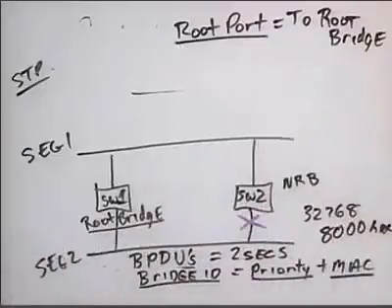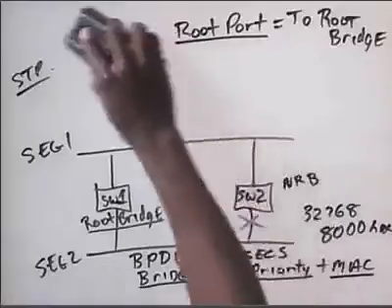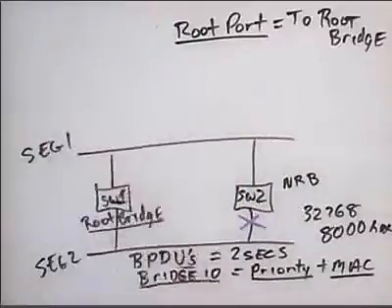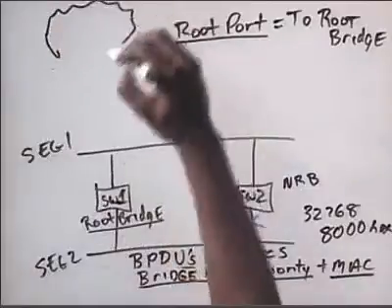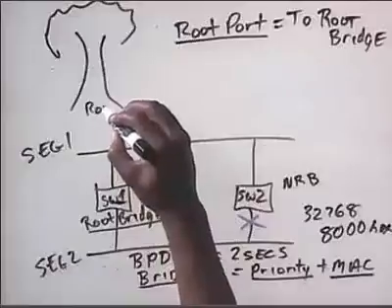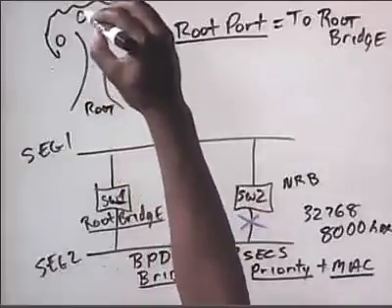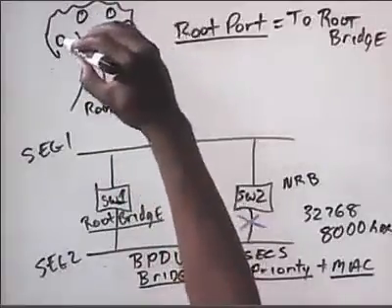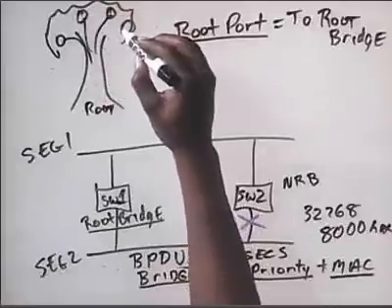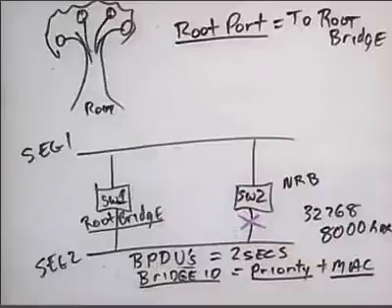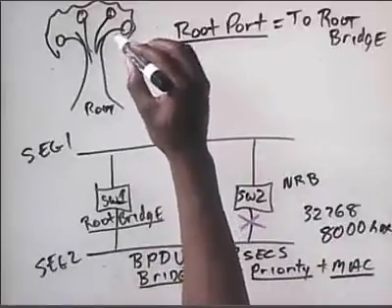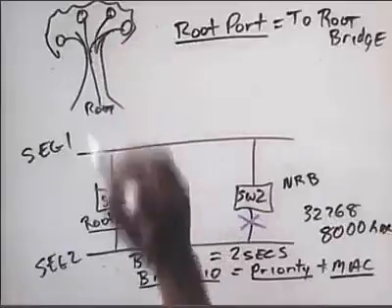Keep in mind the terminology that we're following here. We're using the term spanning tree. So basically what we've got is a tree. There's a root, and then there's fruit. Okay? Any fruit on a tree is connected to a branch, and that fruit and that branch only has one connection or one path back to the root.